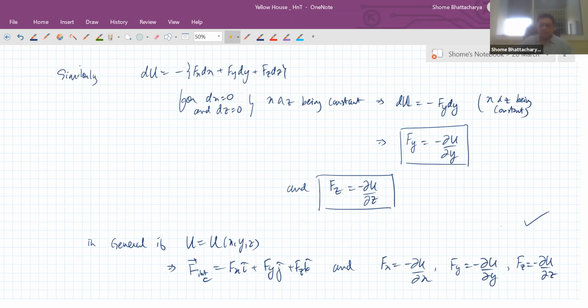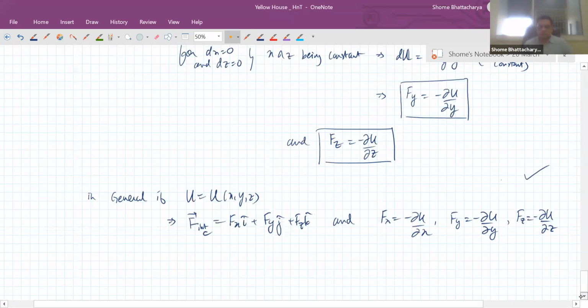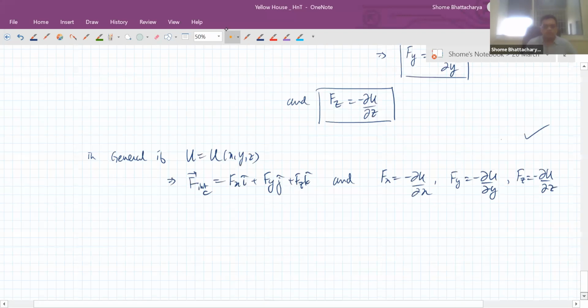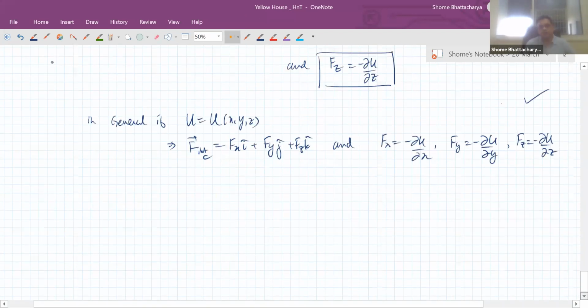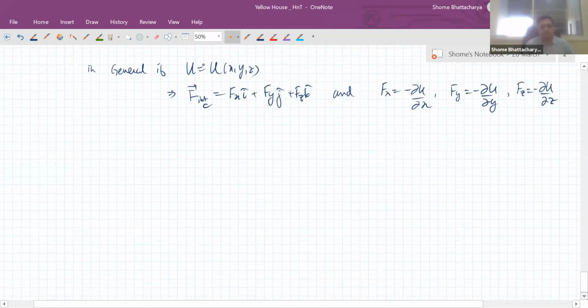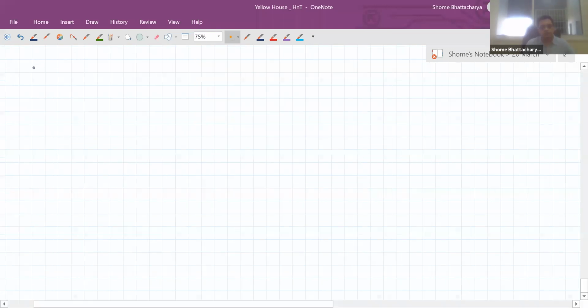Okay, so let's understand this with an example. So first of all, let's look at partial differentiation. So it applies to functions of multiple variables.